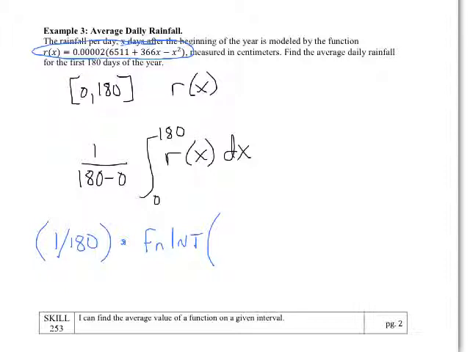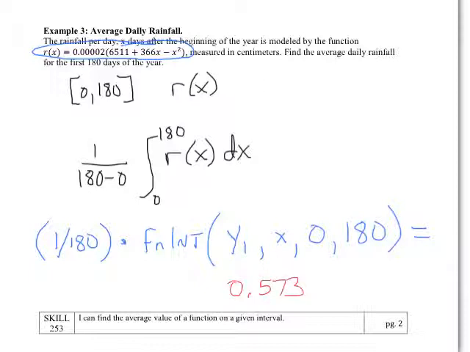Maybe we stored r of x under y1. I like to look at it graphically, so I stored it under y1. We're integrating it with respect to x from 0 to 180, and if we typed it all correctly, we should arrive at an answer of 0.573 centimeters.